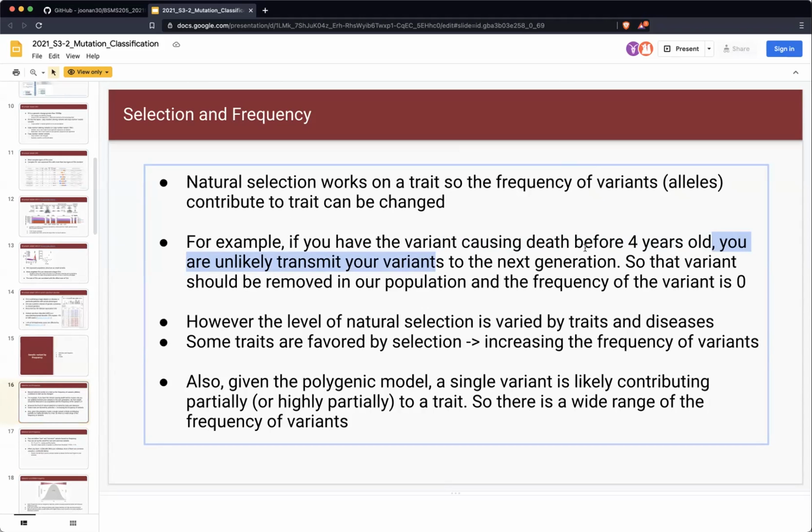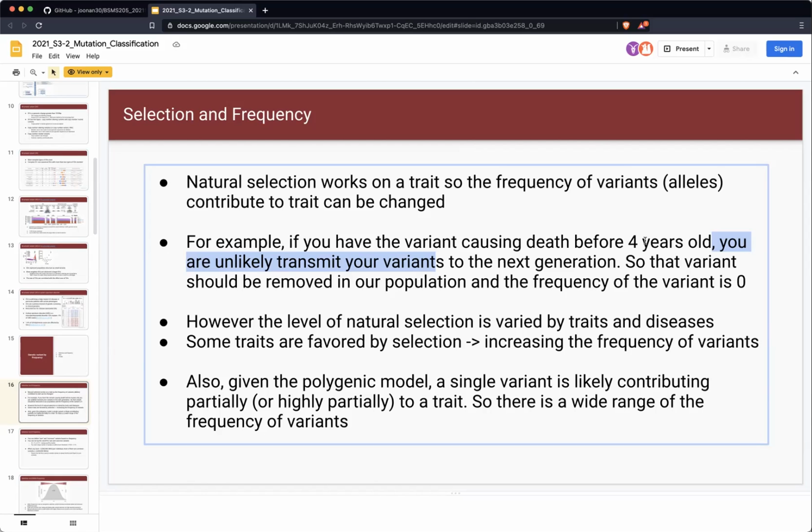In other words, you're unlikely to transmit your variants to the next generation. So the variant should be removed in a population, and the frequency of the variant has to be 0, because there is no chance to transmit that variant to the next generation. So it has to be removed totally from our population.